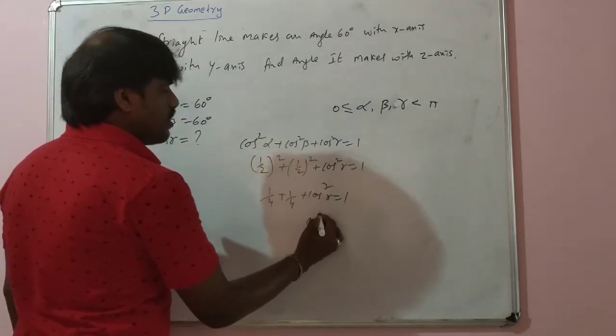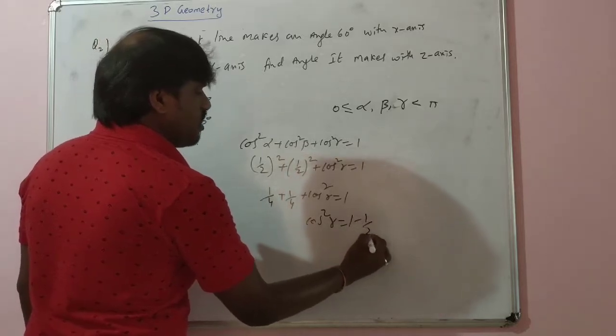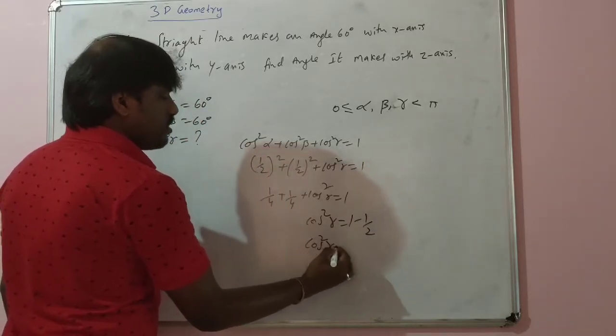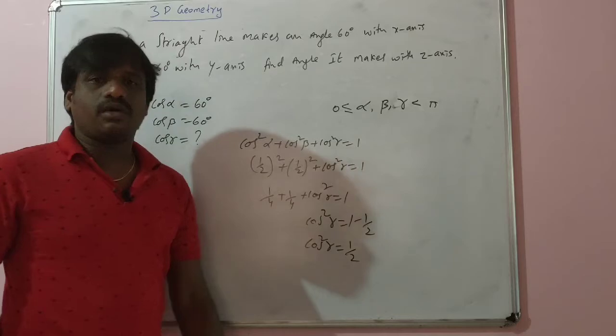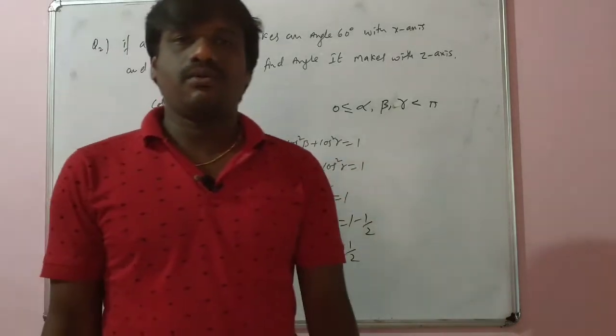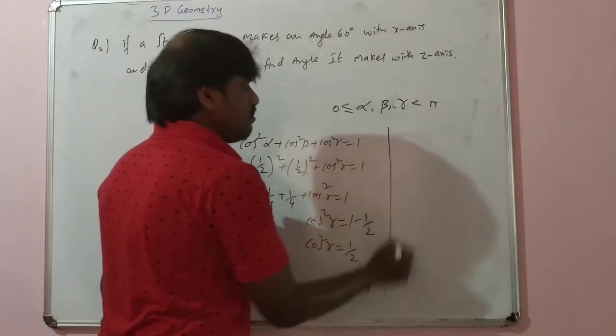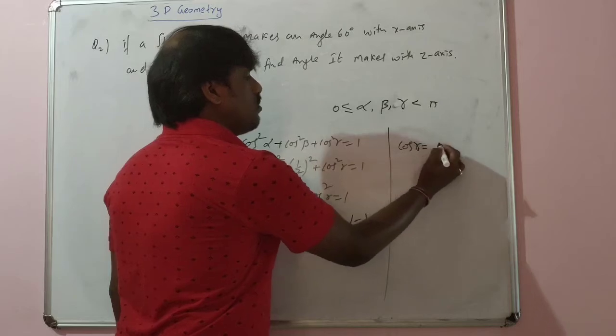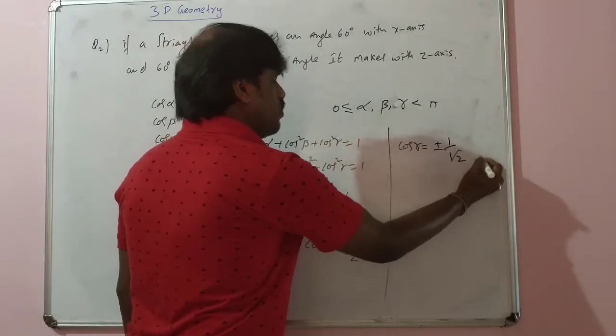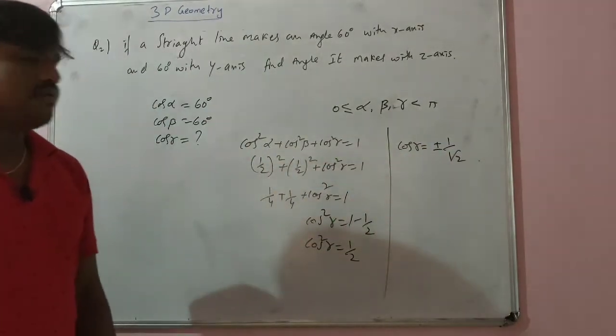So cos square gamma is equal to 1 minus half, which is half. Then cos gamma is equal to plus or minus 1 by root 2.